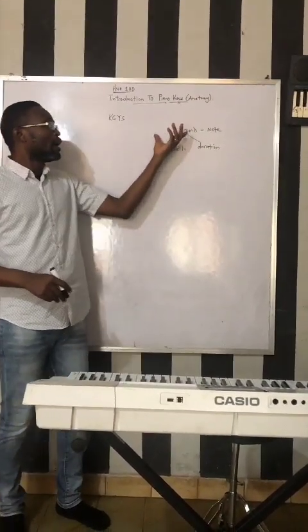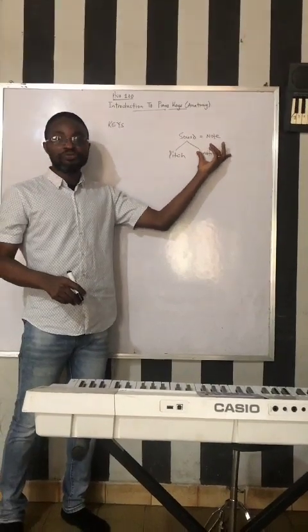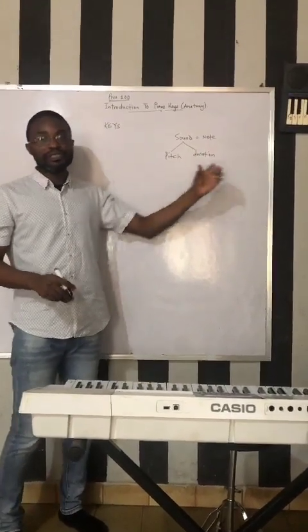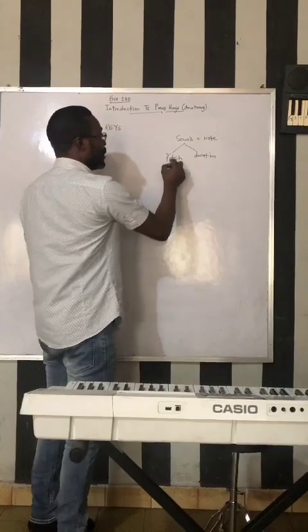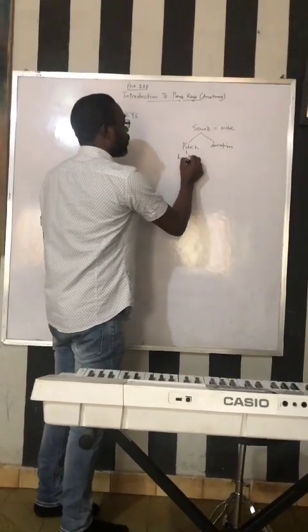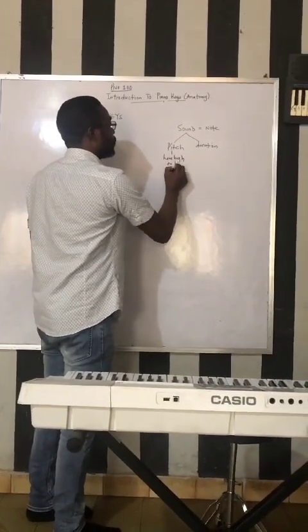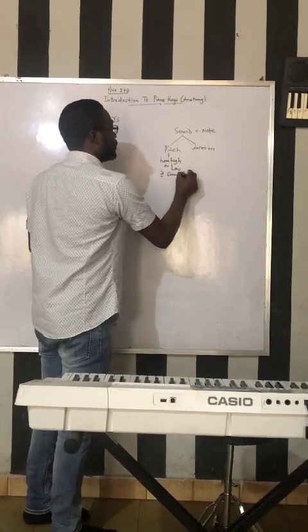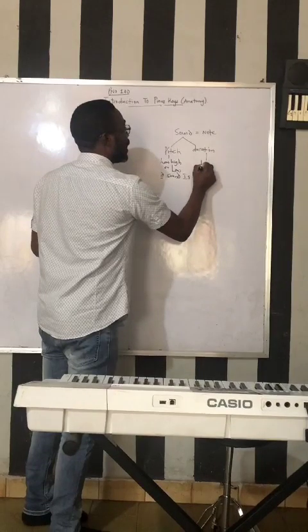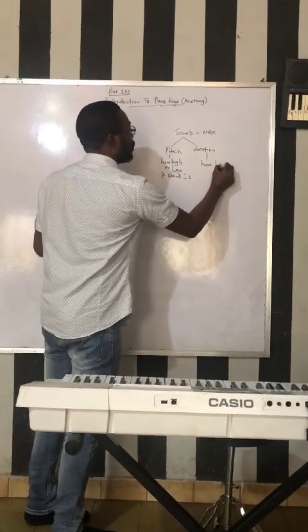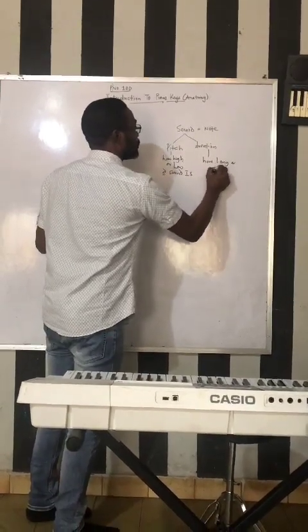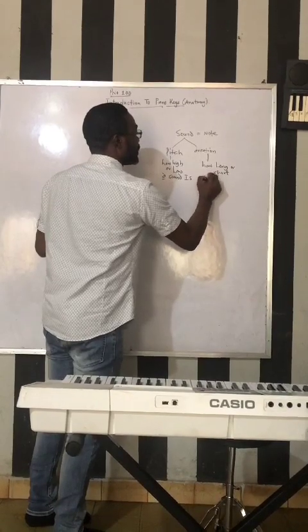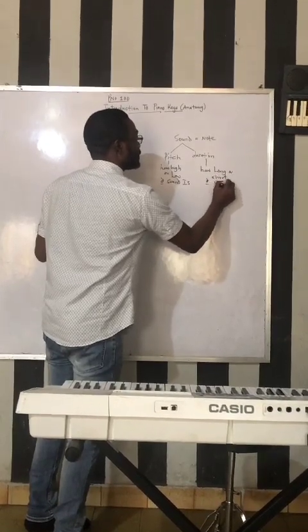But again, the other part is duration. I won't be talking so much about it today, except to say that pitch means how high or how low the sound is, while duration means how long or short the sound lasts.